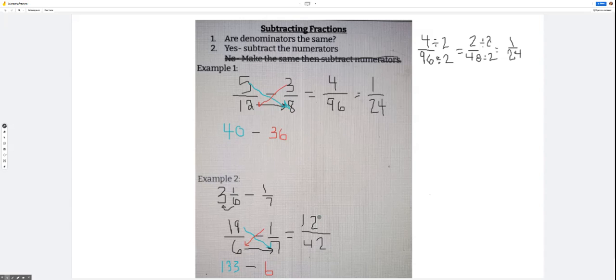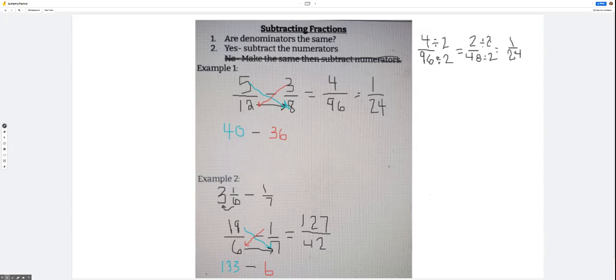So 127/42nds. That is extremely improper. We do not want to leave our answers improper unless it specifically asks for a over b form. In this case, and in your practice in the next week or two, you are going to need to turn that back into a mixed number.